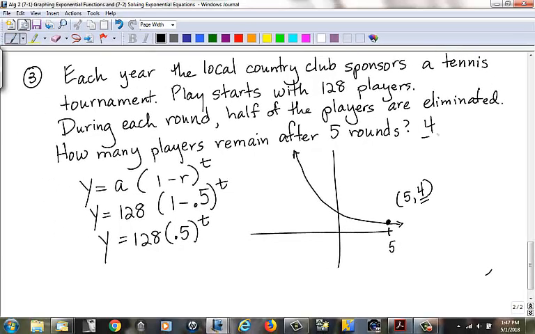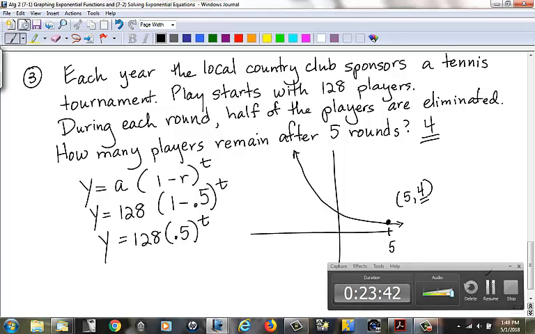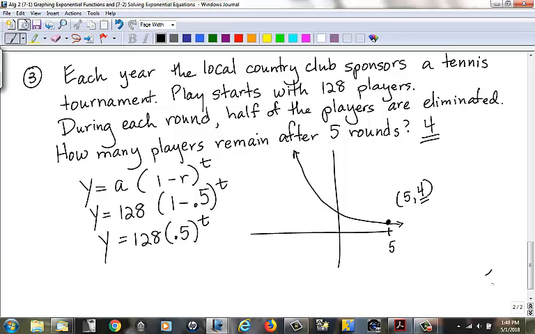And if you did second function, calculate value at 6, you're down to 2. At 7, you're down to the winner. So it's going to take 7 rounds for that. You should end up with 4 players left after 5 rounds.